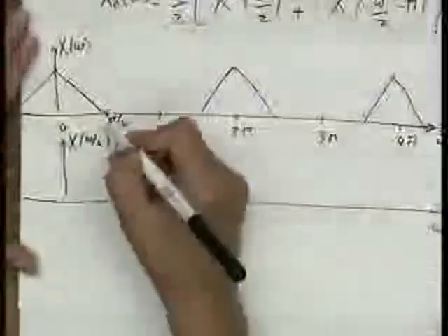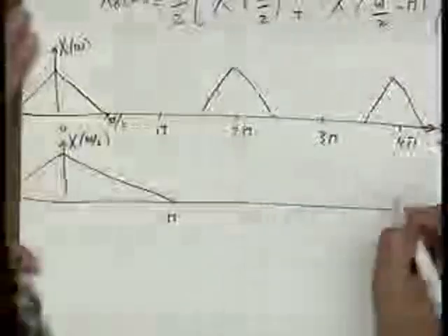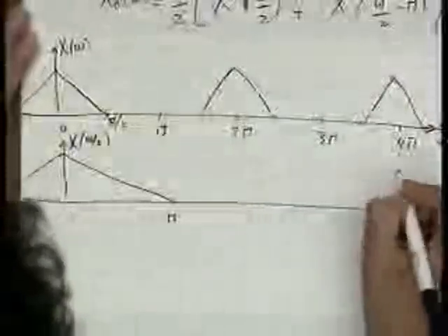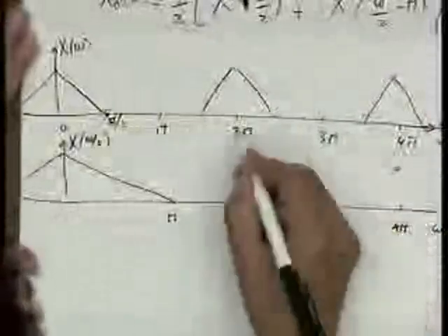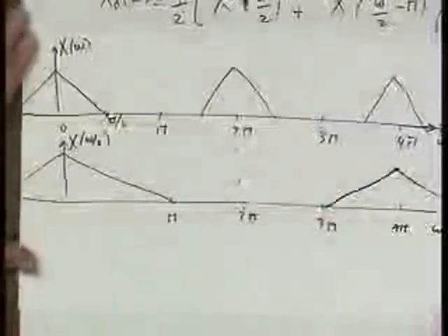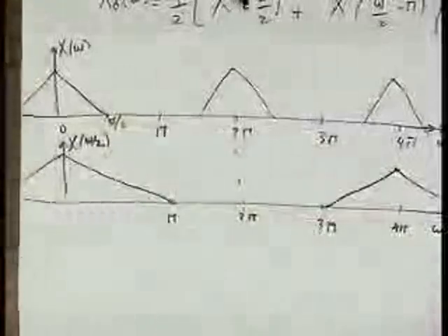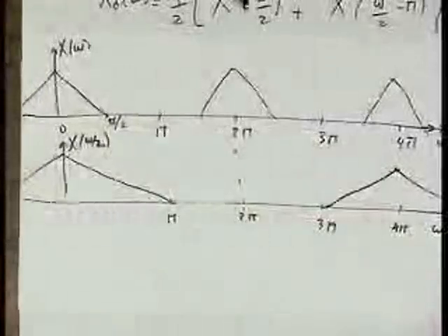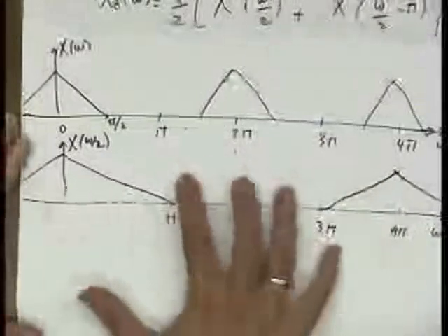So whatever that was at pi over 2 comes to pi. But this one also shifts to 4 pi. So there's nothing until 4 pi, and then this guy doing this. So this is X of omega over 2. Is that why you guys raised your hands? Thanks.